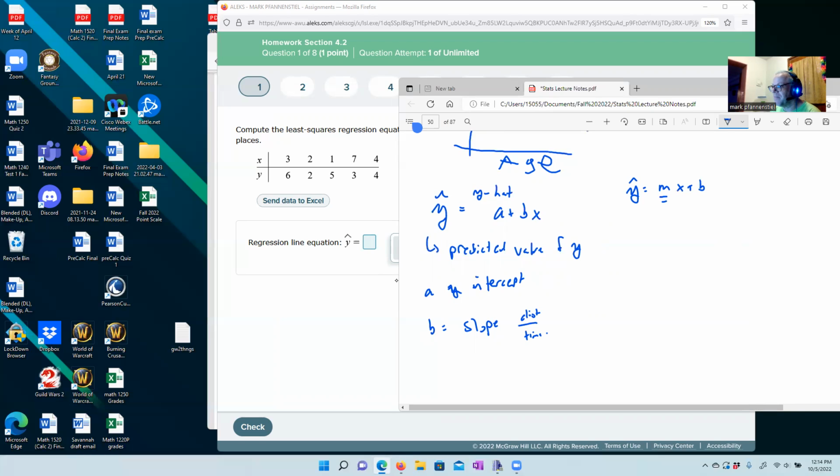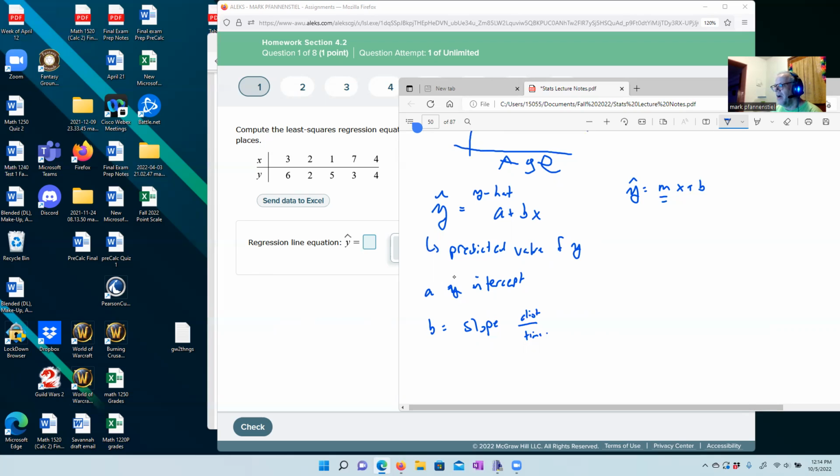Sometimes there will not be a name for that, and that's okay. If they're talking about crime rate, the number of crimes per thousand people, we just call it a rate and let it go with that. So a lot of times if they ask you for the meaning, I would start with the units.